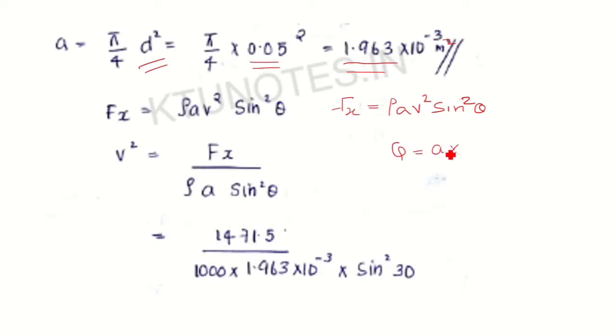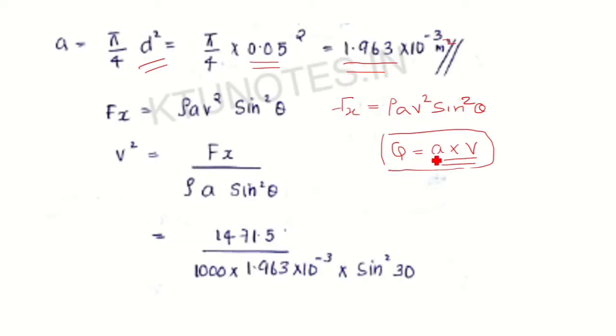The rate of flow will be A into V. Area into velocity is the rate with which the jet of water is coming out from the nozzle. So our main aim is to find the rate of flow.